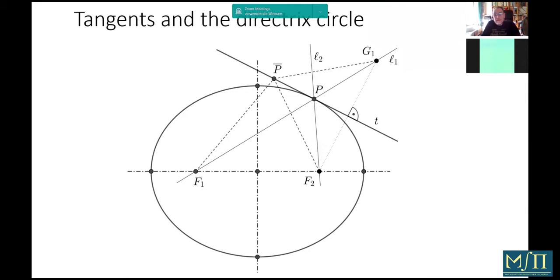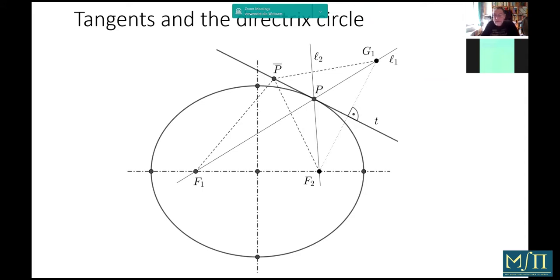So I've chosen any random second point, P bar, on T. And we assume for the moment that P bar is also a point on the ellipse. If P bar is also a point on the ellipse, then that will mean that T is a line that cuts the ellipse in 2 points, so therefore it's not a tangent.